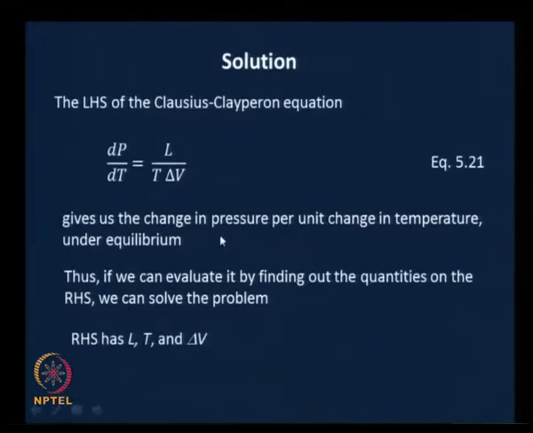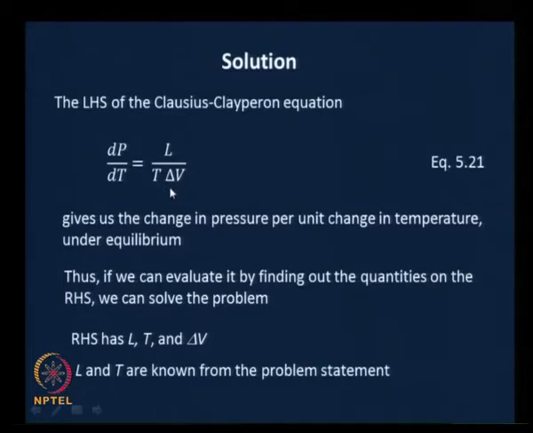T is also known from the problem statement, it is the temperature at which the vaporization is taking place. Therefore if we find delta V, then we are actually done. So how do you go about finding delta V is the hint that I am going to leave you with for another 10 minutes or so, and let us see how you come up with the solution. Go ahead please.